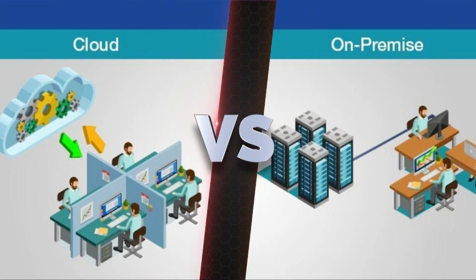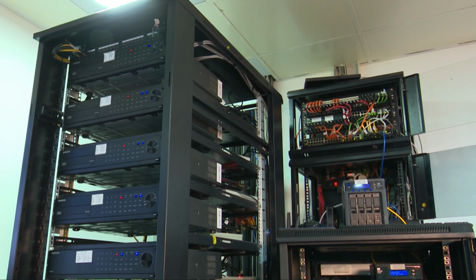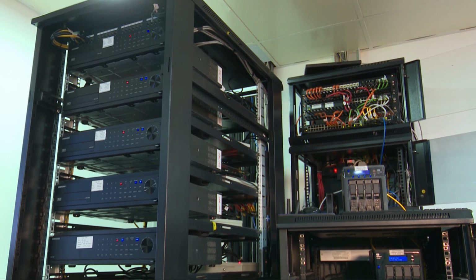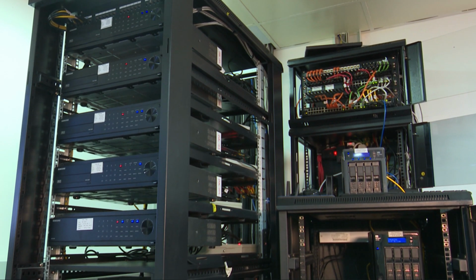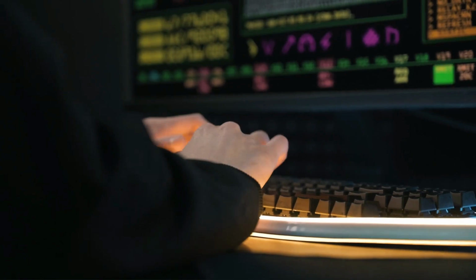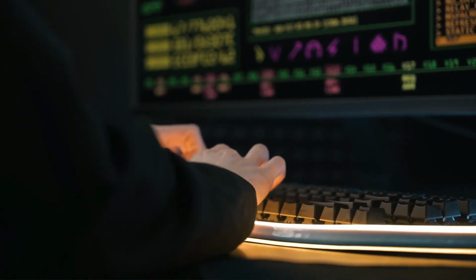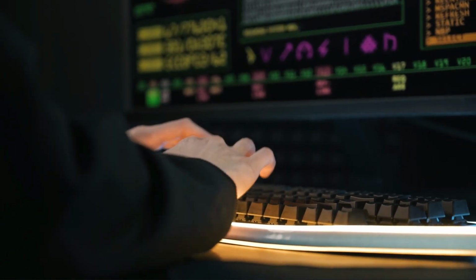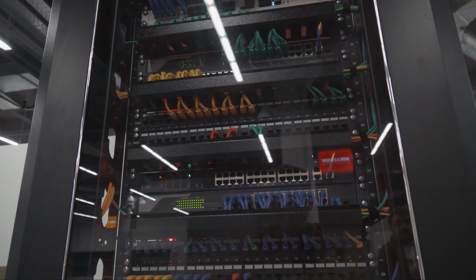On-premise computing and cloud computing are two different ways of accessing and utilizing computing resources. On-premise computing refers to the traditional method of setting up and managing an IT infrastructure within an organization's physical premises. The organization owns and maintains all hardware, software, and networking equipment, and all data is stored on local servers.